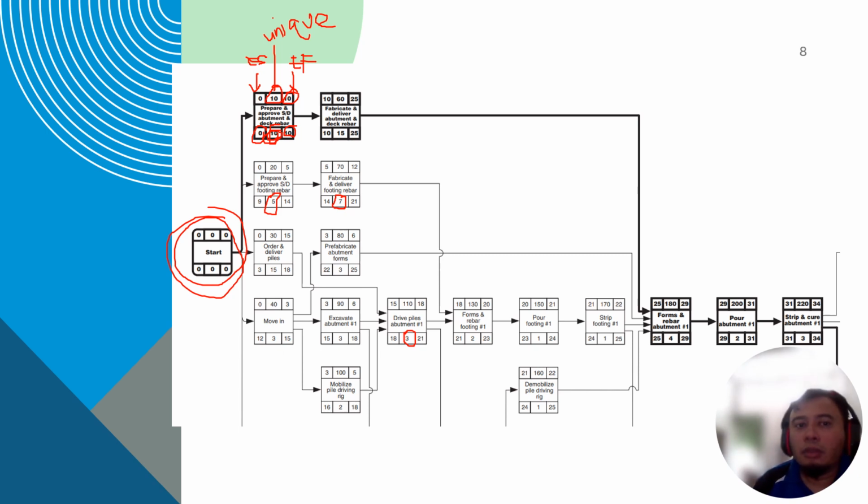Let's say you have 15 piles in abutment 1, so your 15 divided by 5 per day per machine, you get 3 days. This is one example of estimation.